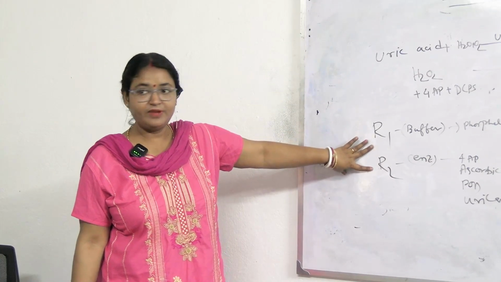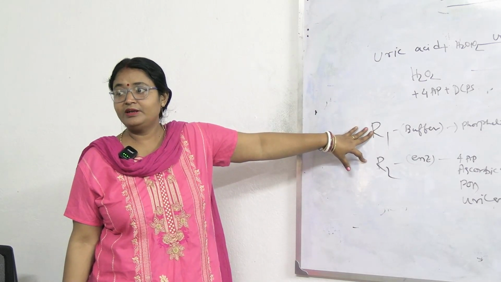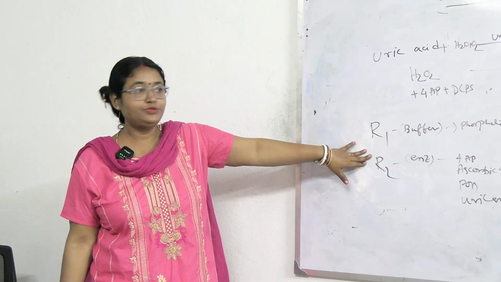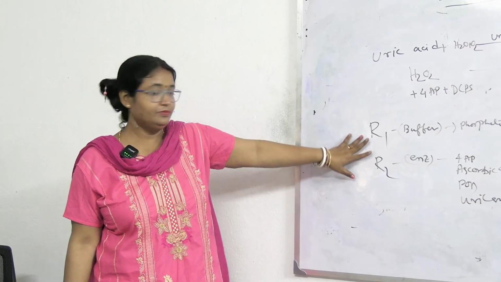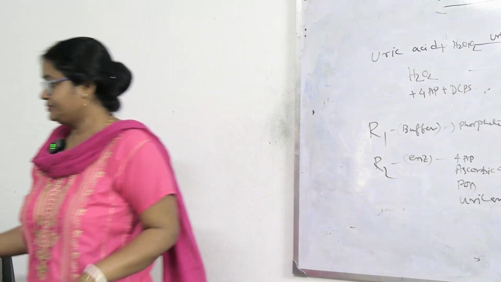Working reagent will be 500 microliter from R1 and 500 microliter from R2, so equal volume will make 1000 microliter.